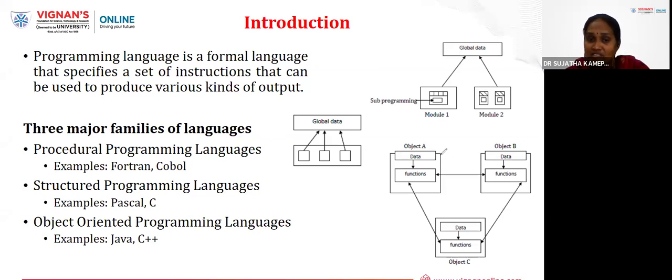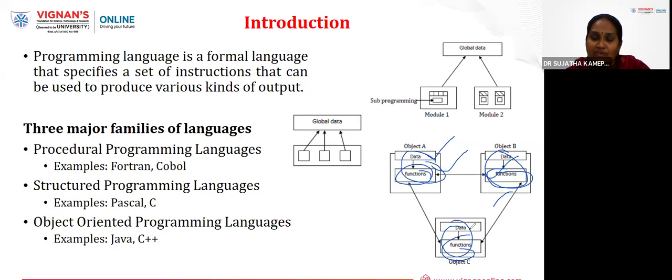It mainly concentrates on data. The program modules are divided into different objects, and all the functions written in the objects operate on the data provided there. The objects may communicate with each other, that is, this object may communicate with this object, and this object with that object.